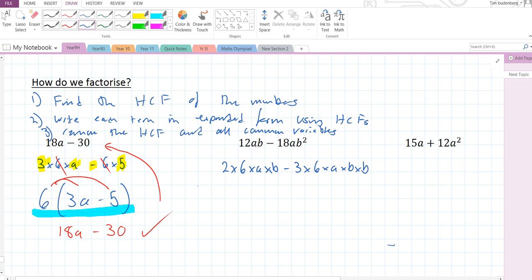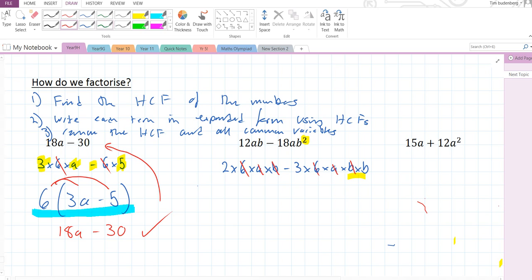So I've expanded the exponent here of squared with 2 b's. Now, we are going to remove the highest common factor and all the common variables. Highest common factor is easy. A 6 goes from each of them. Then an a goes from each, and a b goes from each.